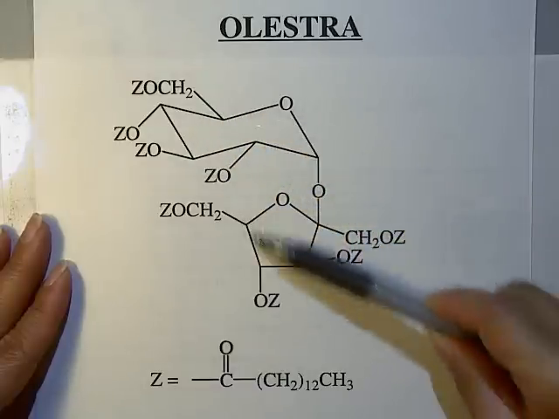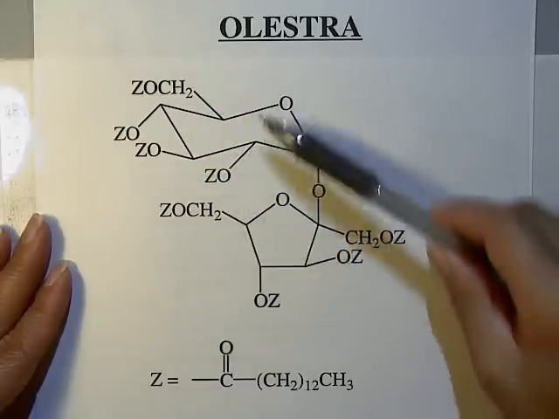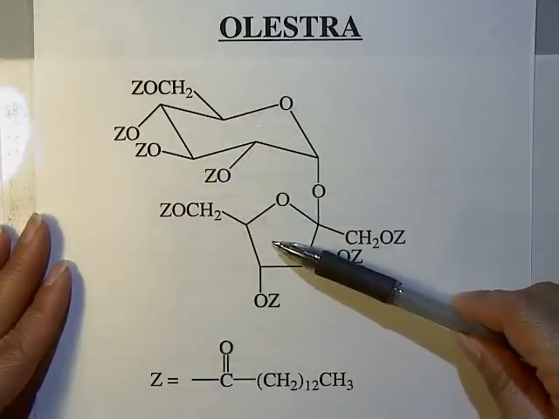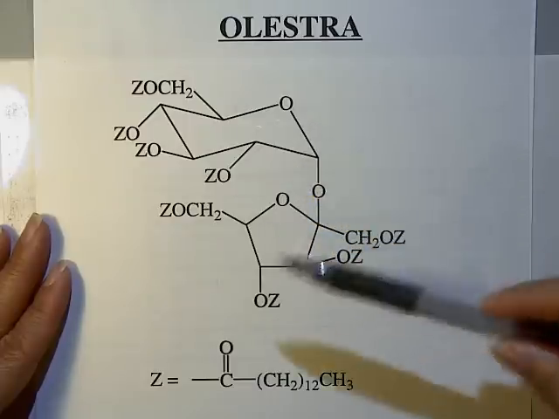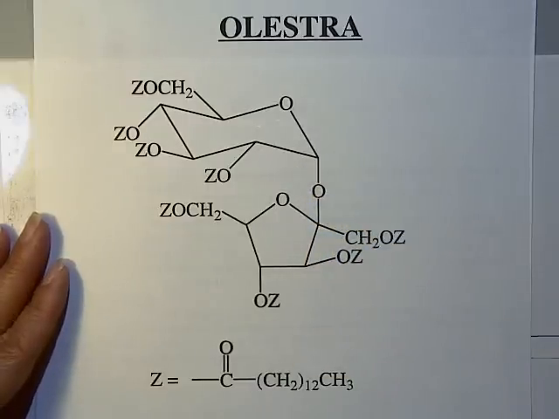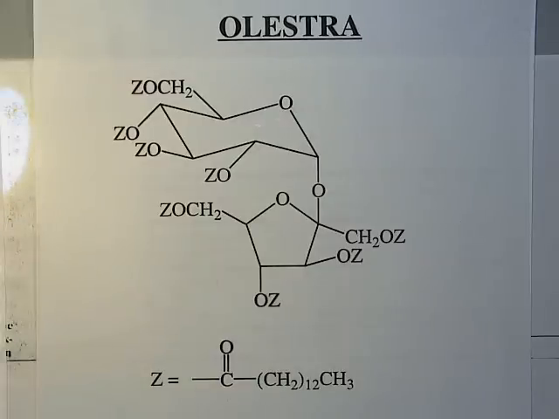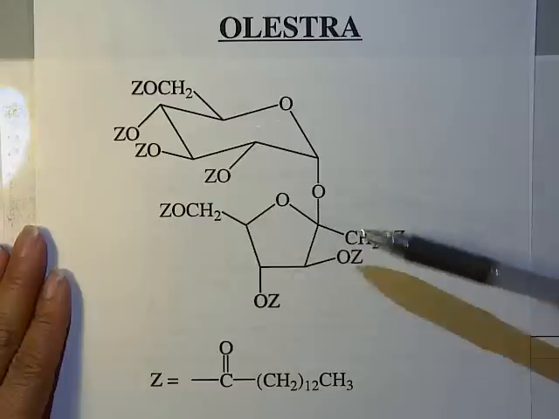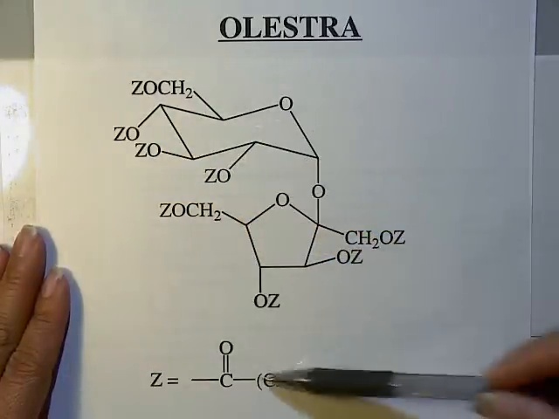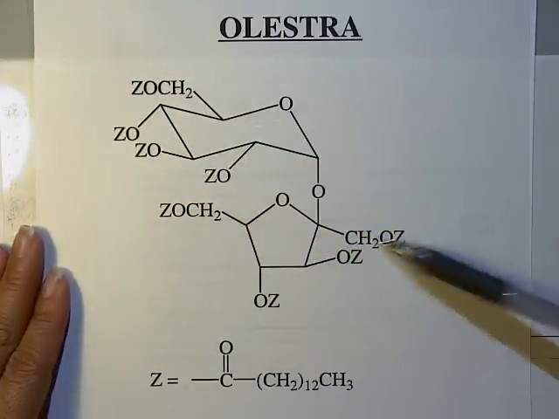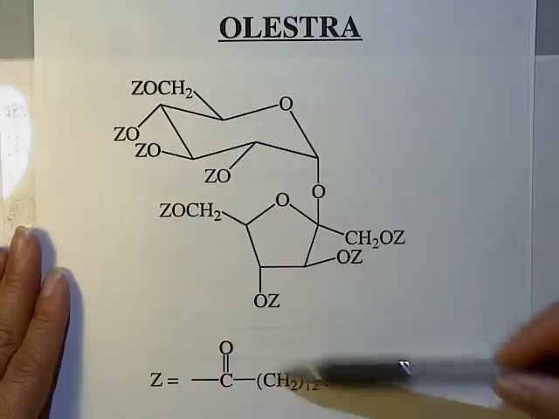What is that? This backbone is a disaccharide, so it's a sugar molecule, and it's actually the structure of sucrose, or table sugar. Instead of taking glycerol as the alcohol to make the esters, they've taken all the OHs in sucrose and put long chains on them as ester groups.